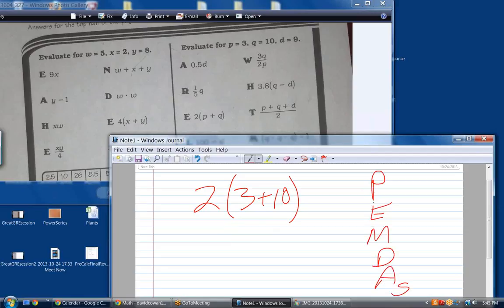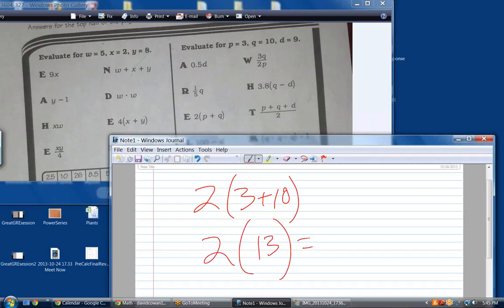Parentheses first. Then exponents, but there's none in there. So first it'd be 13. Then you do 13 times 2, which is 26. Okay.